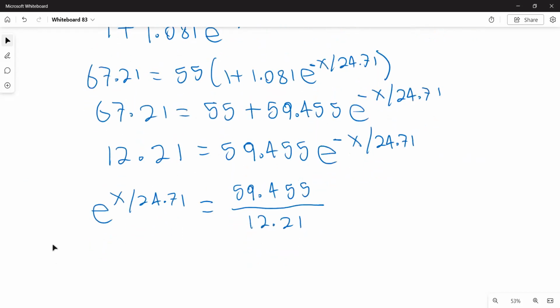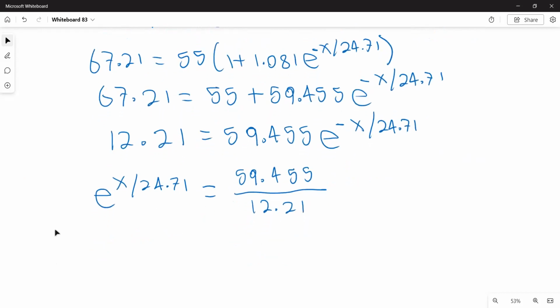Okay, so finally we have isolated the exponential with base e. Rewrite this equation in logarithmic form, and x over 24.71 is equal to the natural logarithm of 59.455 over 12.21.